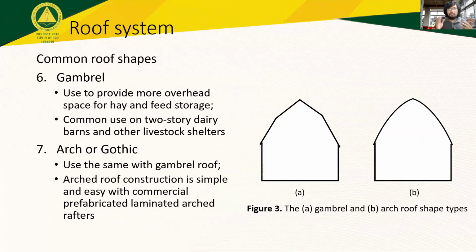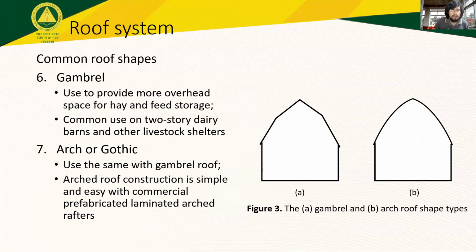Then we're down to the last two, and we have the gambrel and the arc or Gothic. The gambrel is used to provide more overhead space for hay and feed storage, and it's commonly used for two-story dairy barns and other livestock shelters.